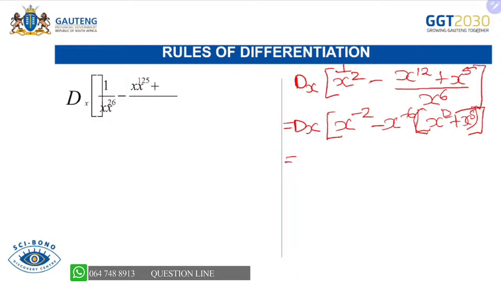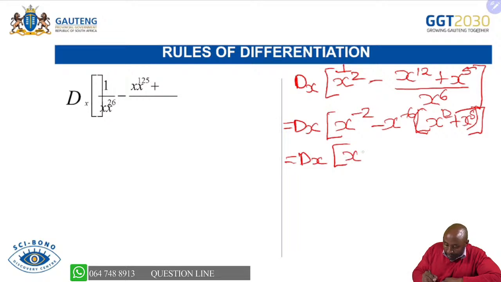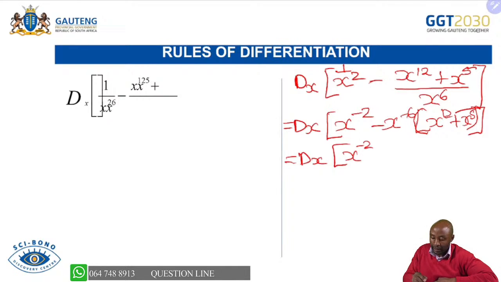So this will give me x to the power negative 2, x to the power negative 6 times x to the power 12. I add the exponents, negative 6 plus 12. This will give me negative, because of the negative sign, x to the power 6.